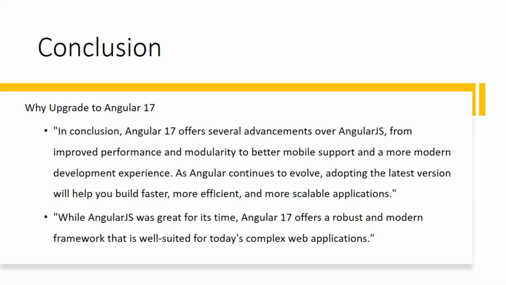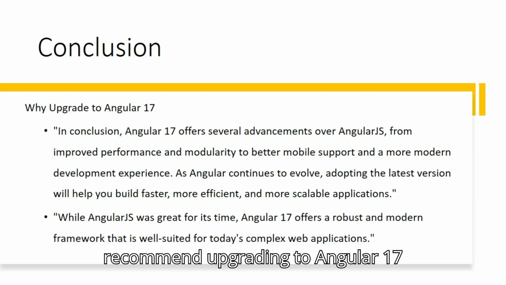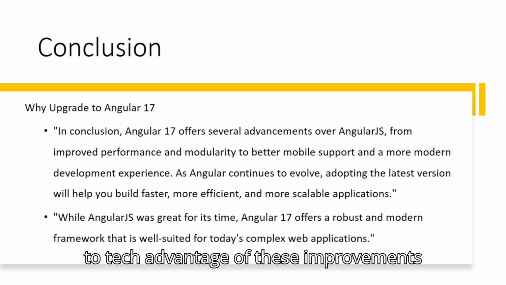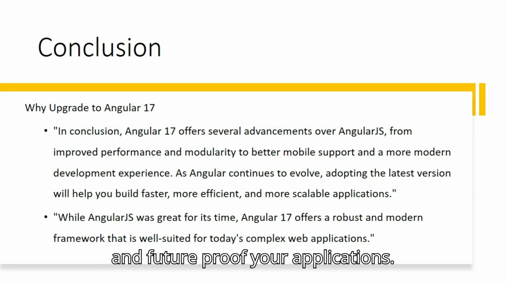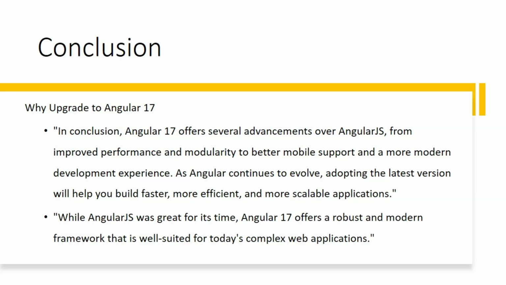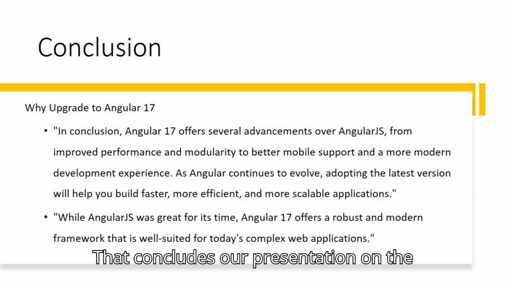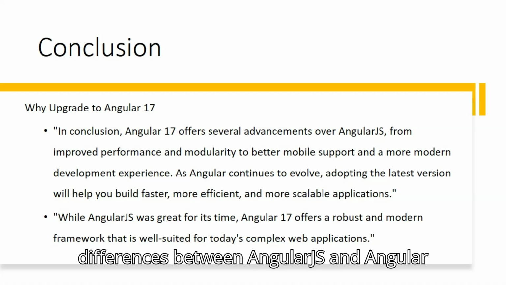If you are still using AngularJS, I highly recommend upgrading to Angular 17 to take advantage of these improvements and future proof your applications. That concludes our presentation on the differences between AngularJS and Angular 17.